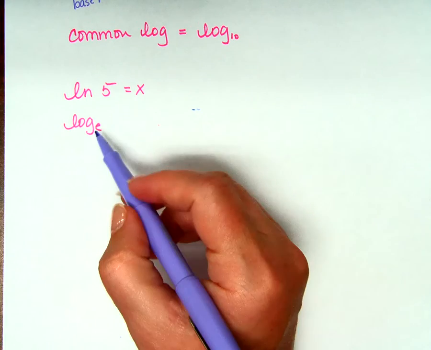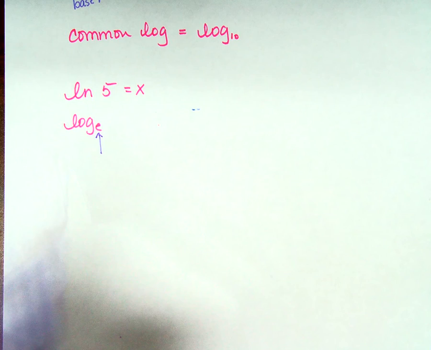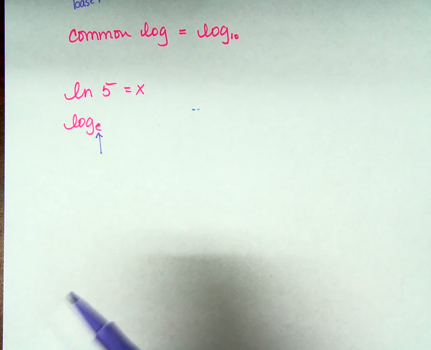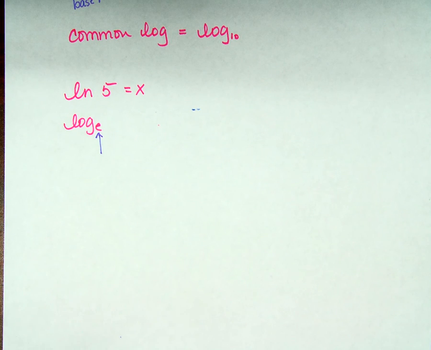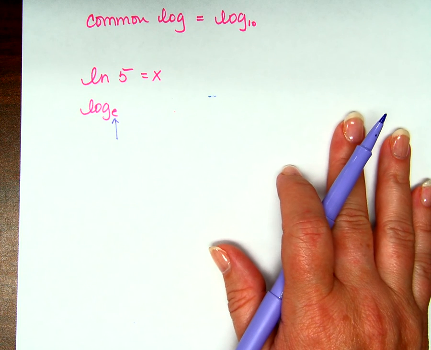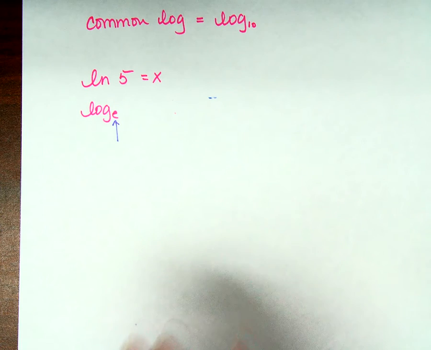Okay? Guys, I know your whole life people have been telling you that e is a letter. That's because it is. But we in math, especially Algebra 2 level and up, we use this e to represent the number 2.71828. Okay? It's a big deal in higher level math.